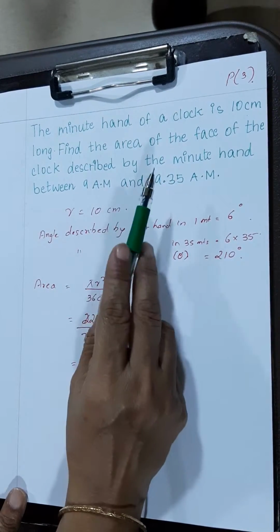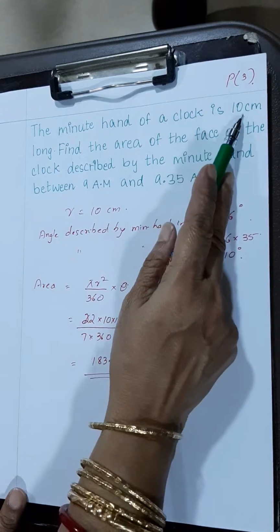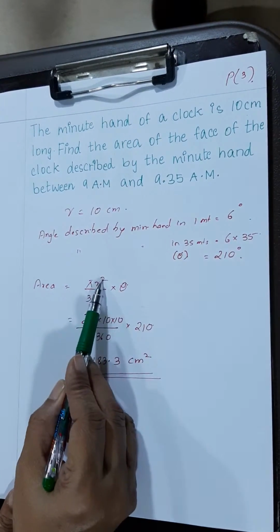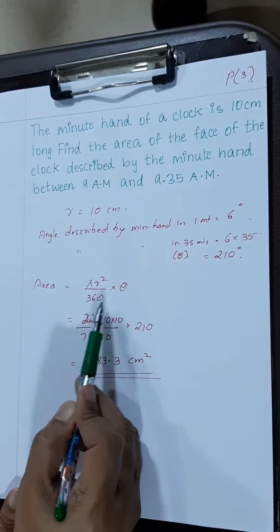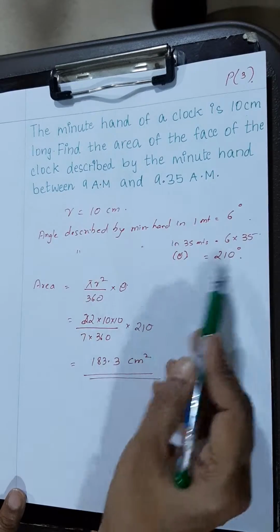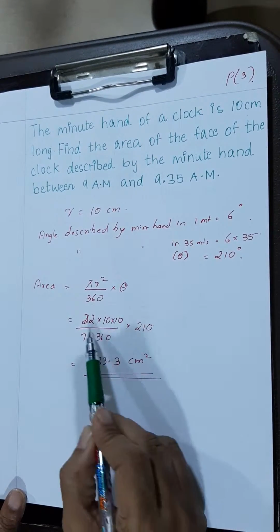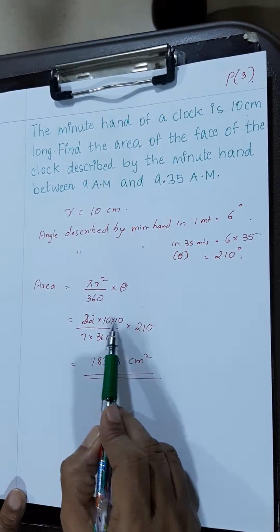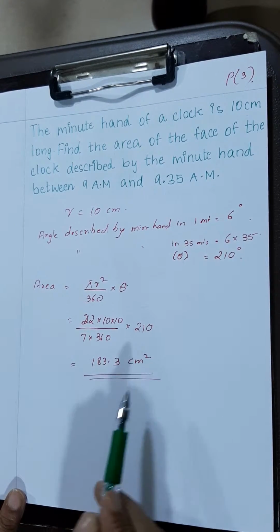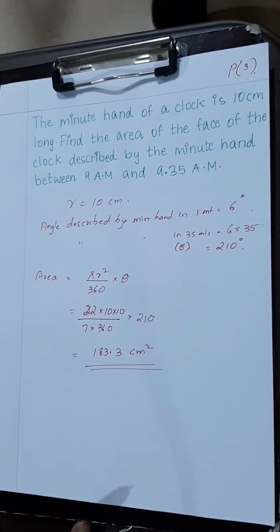R is given, the minute hand is 10 centimeters, so take that as r. Area is equal to pi r squared by 360 into theta. Substituting theta as 210, r as 10, and pi as 22 by 7, you get 183.3 centimeters squared.